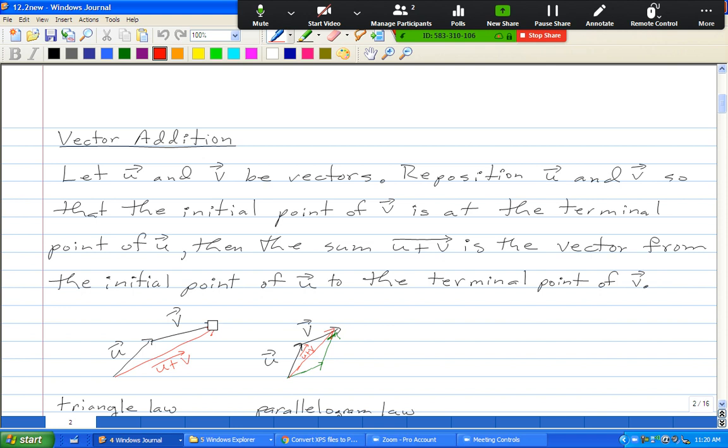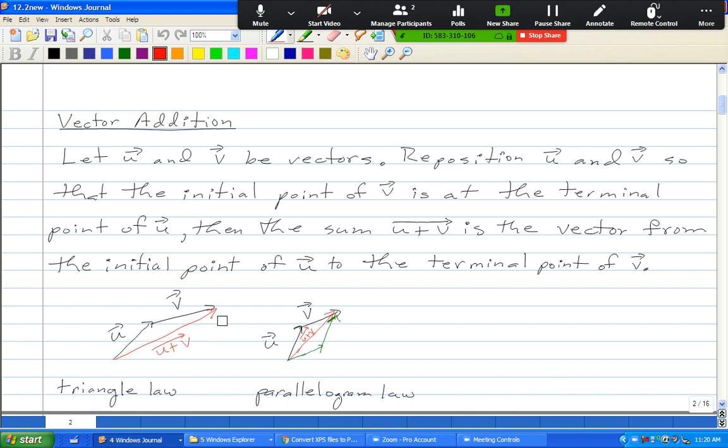The terminal point of u plus v will be the terminal point of v if we position v to have its initial point the same as the terminal point of u. This we call the triangle law because it looks like a triangle.